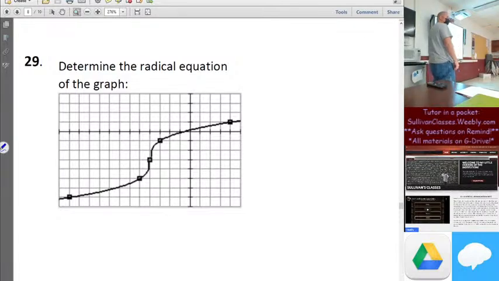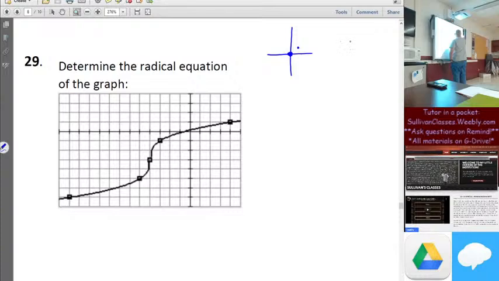It's a cube root. Remember, a cube root of x says up 1 over 1, up 2 over 8, up 3 over 27, down 1, back 1, down 1, back 8. It's a cubic on its side because it's cube root.